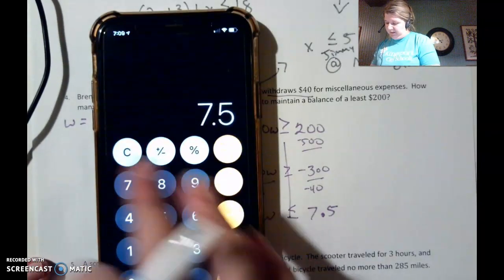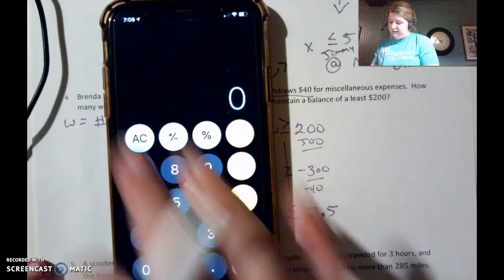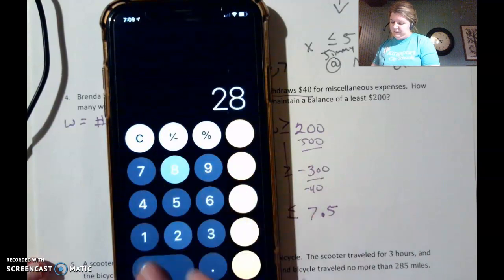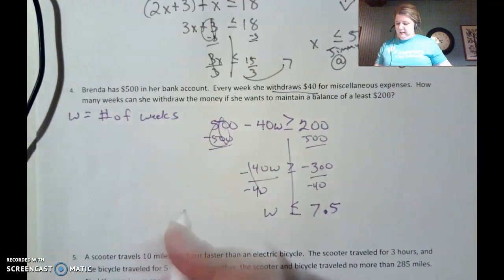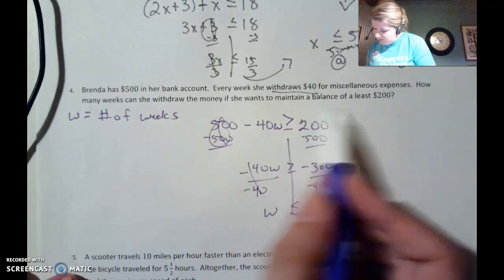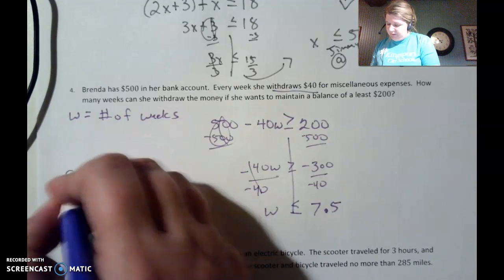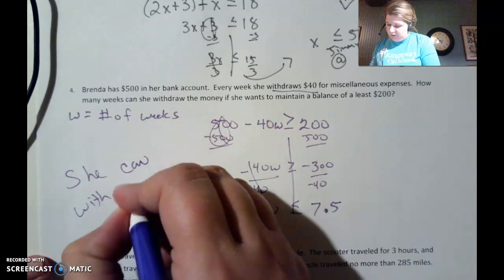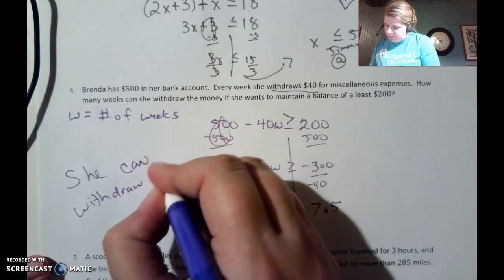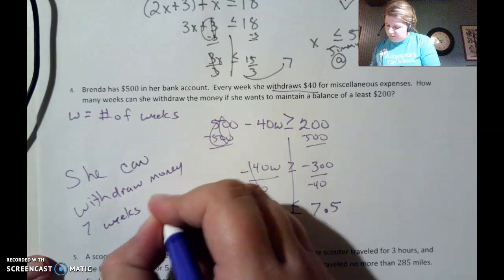Let's check. 40 times 7, 280. So the 500 minus 280, and that way she still has at least 200. So how many weeks can she withdraw money? She can withdraw money 7 weeks or less.